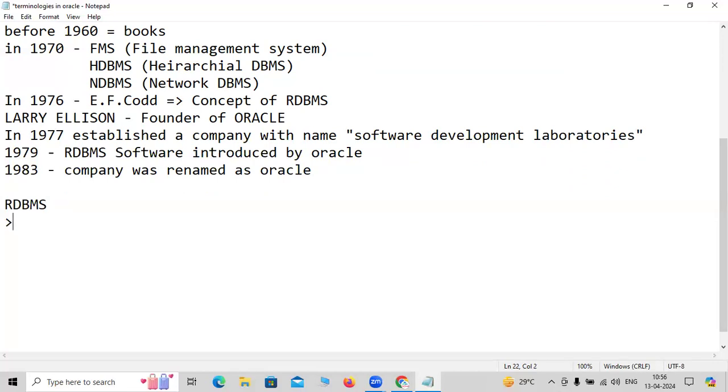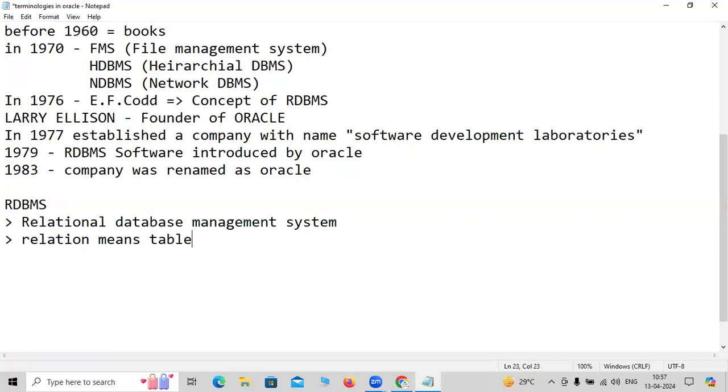So RDBMS is called relational database management system. So what is relation? So in DBMS, the relation means table and table means relation.